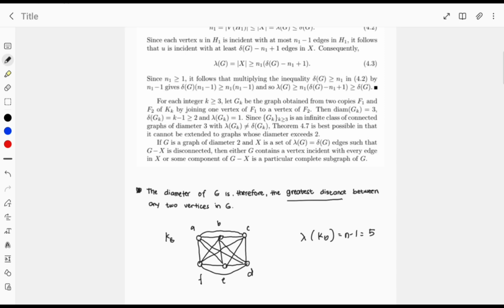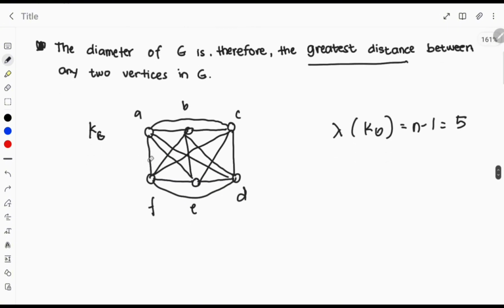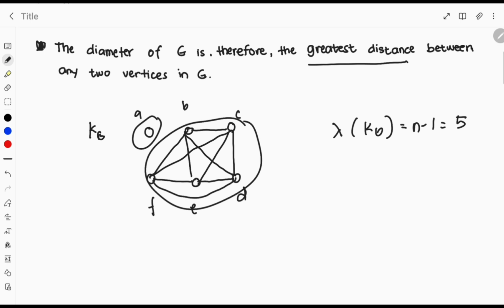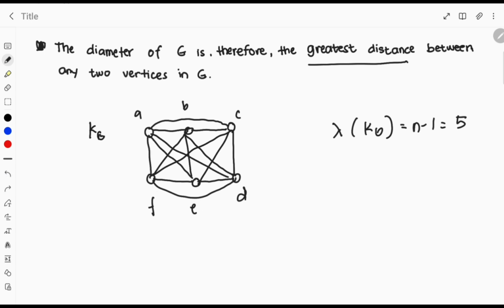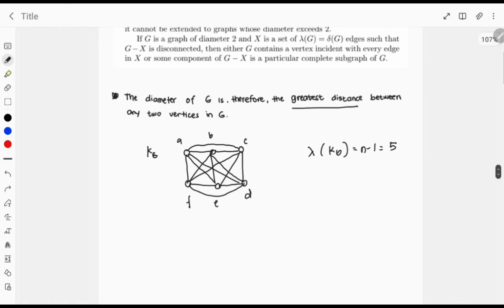If we remove 5 edges, we have here the trivial component and the other component, K5.